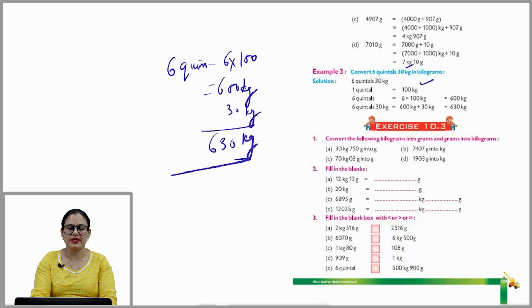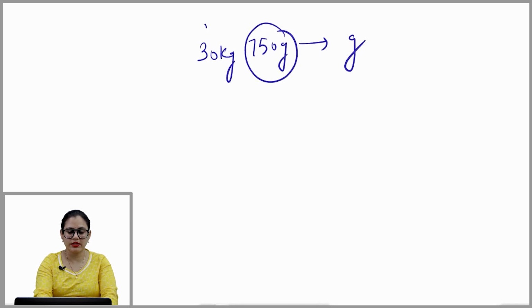Okay. Let's do exercise 10.3. Convert the following kilograms into grams and grams into kilograms. 30 kilogram, 750 gram, we have to convert this into gram. It is already in gram, we will just convert the 30 kilogram into gram. 1 kilogram is equal to 1000 gram, you know that very well.